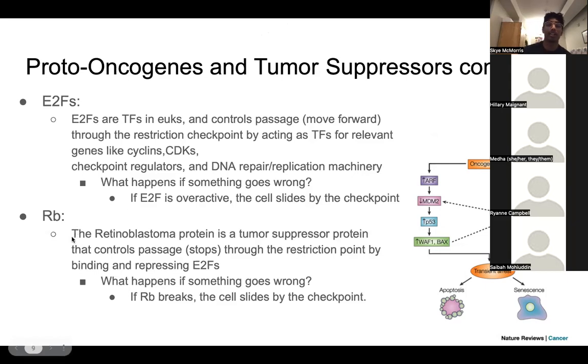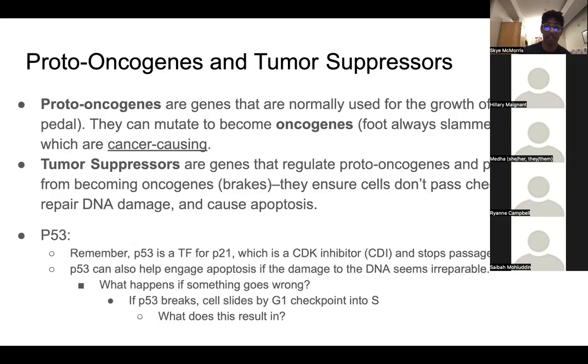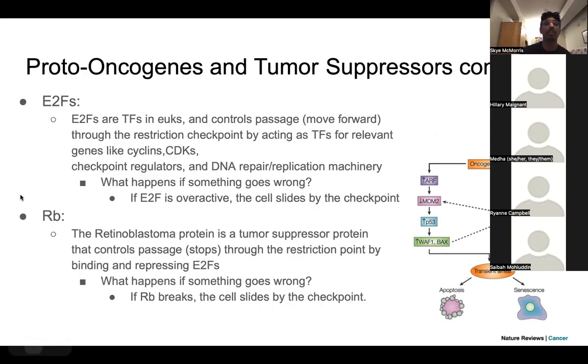RB, on the other hand, is a tumor suppressor that functions as a regulator for E2F, right? We just talked about tumor suppressors being genes that regulate proto-oncogenes and prevent them from becoming oncogenes and preventing growth. RB directly regulates E2F, right? So what happens is it binds E2F when E2F is not supposed to be active, which is most of the time.